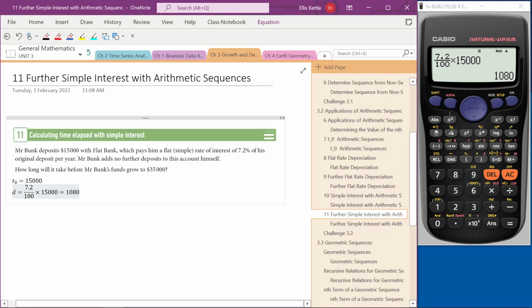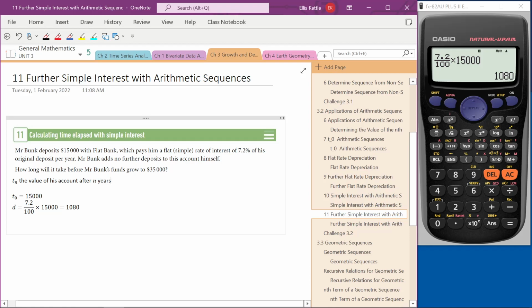Alrighty, so there's our D, there's our T naught, and once again, we can do this in two different ways. Oh sorry, I didn't specify my variables. I keep doing this, so let's specify my variables. Tn is going to be the value of his account after n years, because he gets that per year.